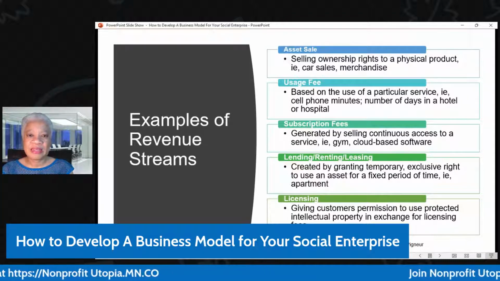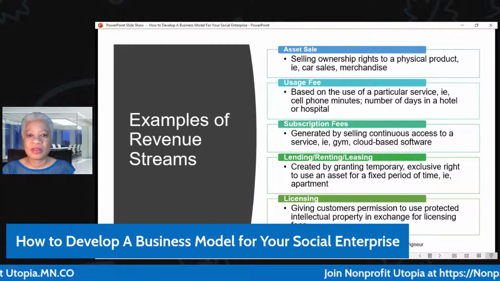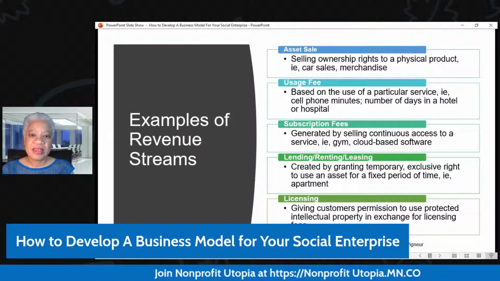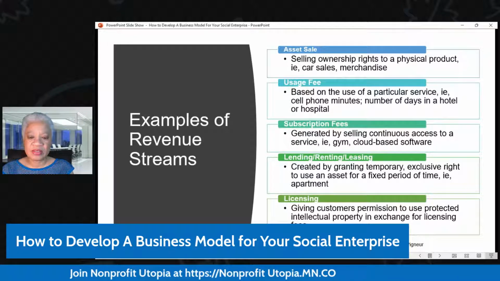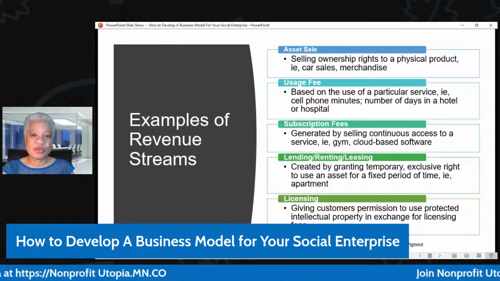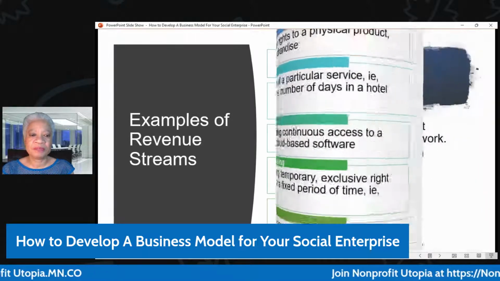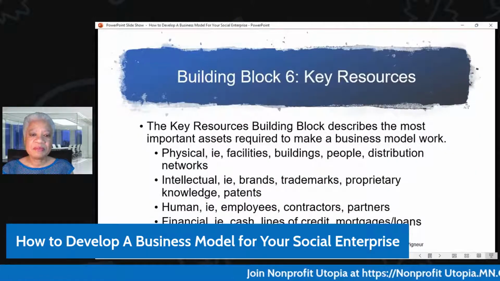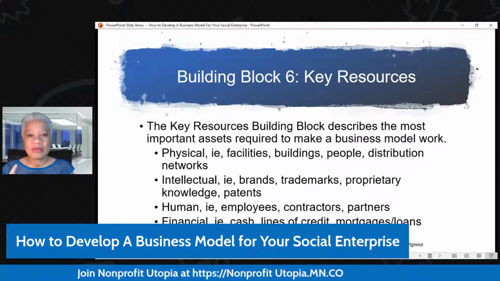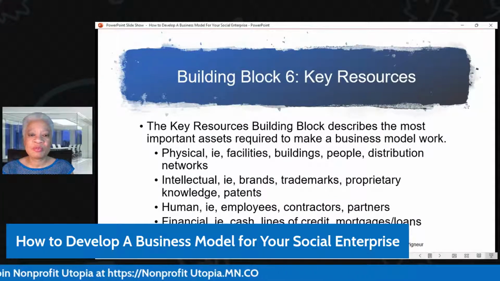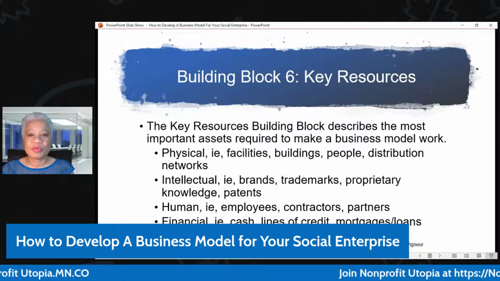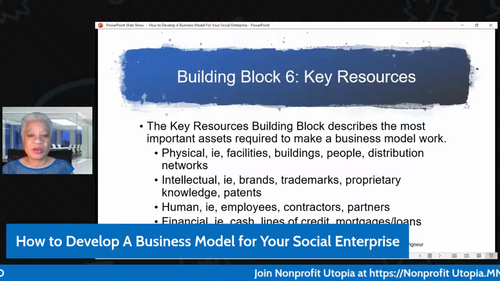So you're granting temporary access to a product or service, through this fee. And then you pay licensing fees in some instances to give people the right to use some of your intellectual property. So building block number 6, key resources. Now, those of you who have designed programs and have used a program logic model, this key resources will seem familiar to you.